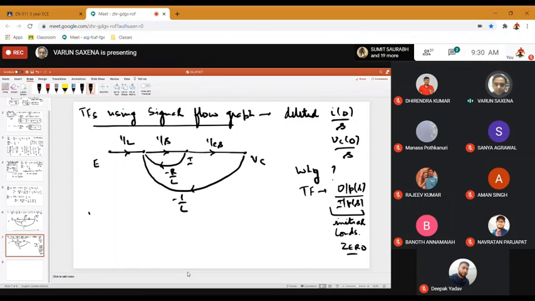One is that you can evaluate the quantity VC over E. That's the first quantity, because if you consider output to be VC and input is of course capital E, this is one quantity.